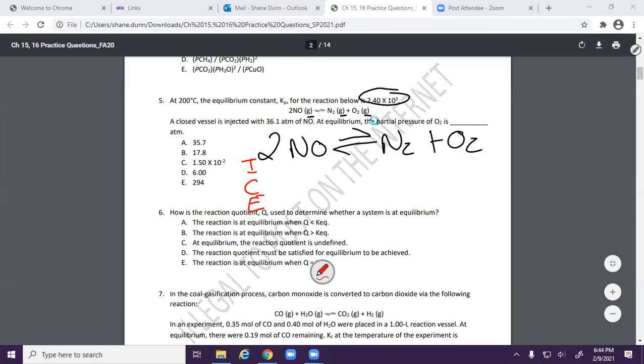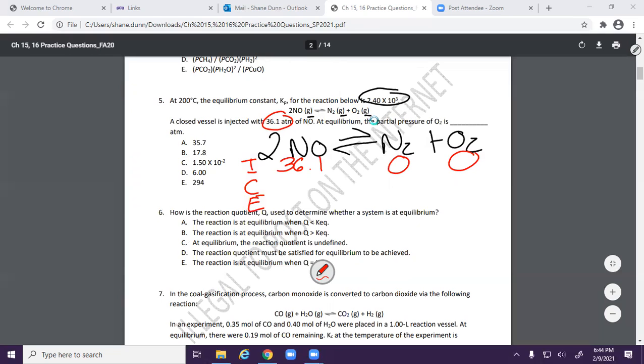So what was it initially at? We shouldn't theoretically have any products yet. Usually we don't have products when we do an ice table, because that reaction isn't gone yet. How much did I inject in? I injected 36, so I'll have 36.1 atm of stuff.